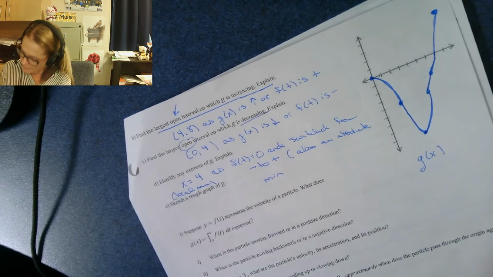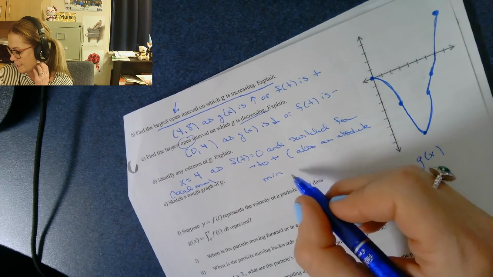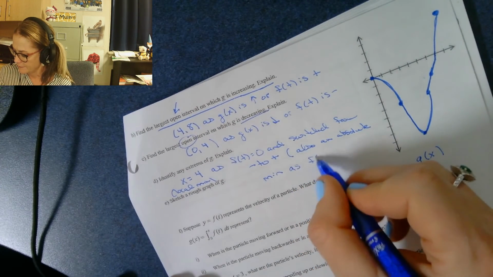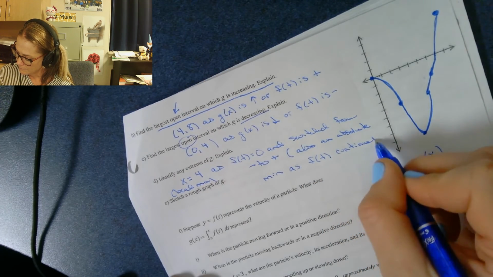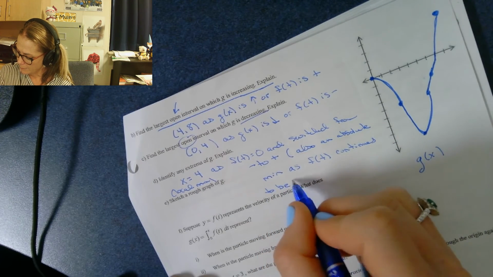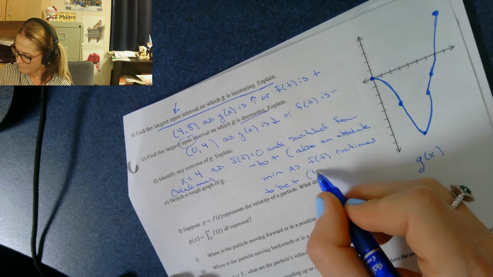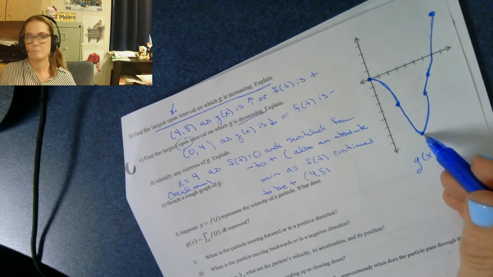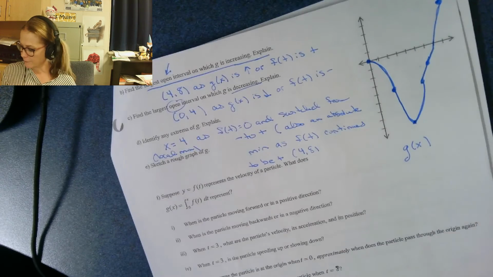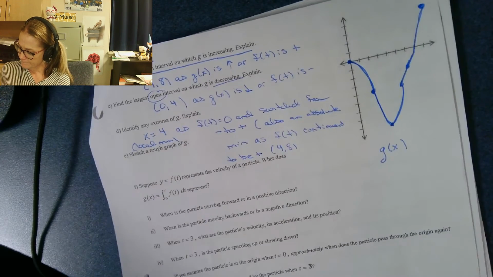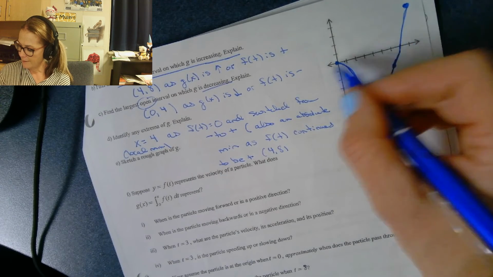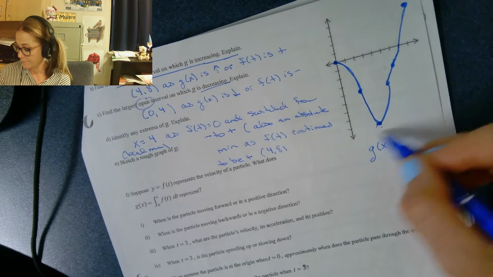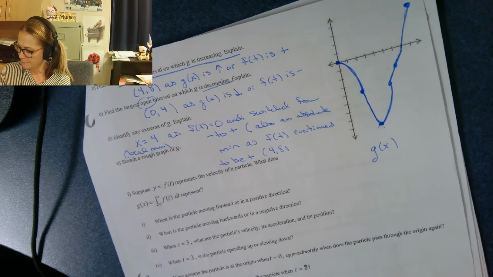Local min. It's also an absolute min as f of t continues to be positive from 4 to 8. Just a little fun fact right there. It's also an absolute because this bottoms out here and g of x stays increasing and f of t stays positive that whole way.